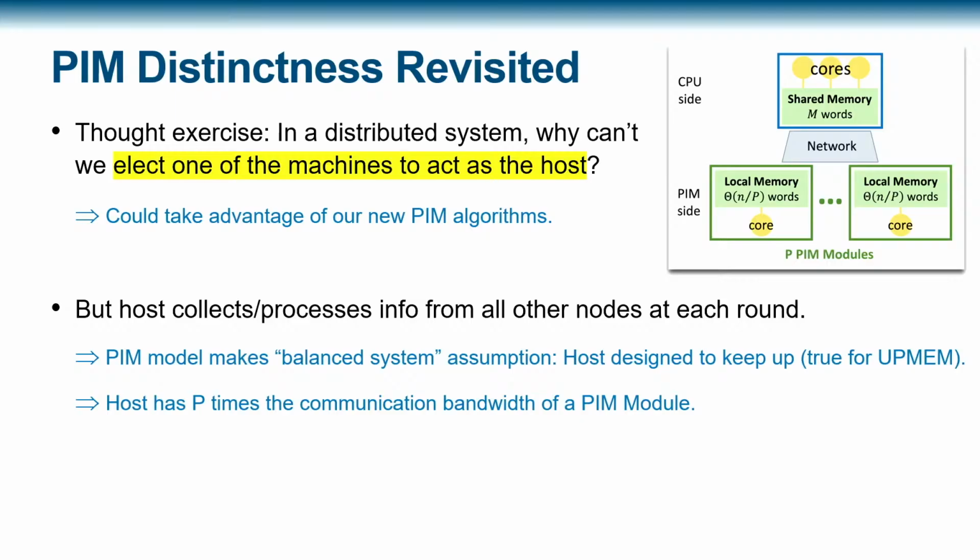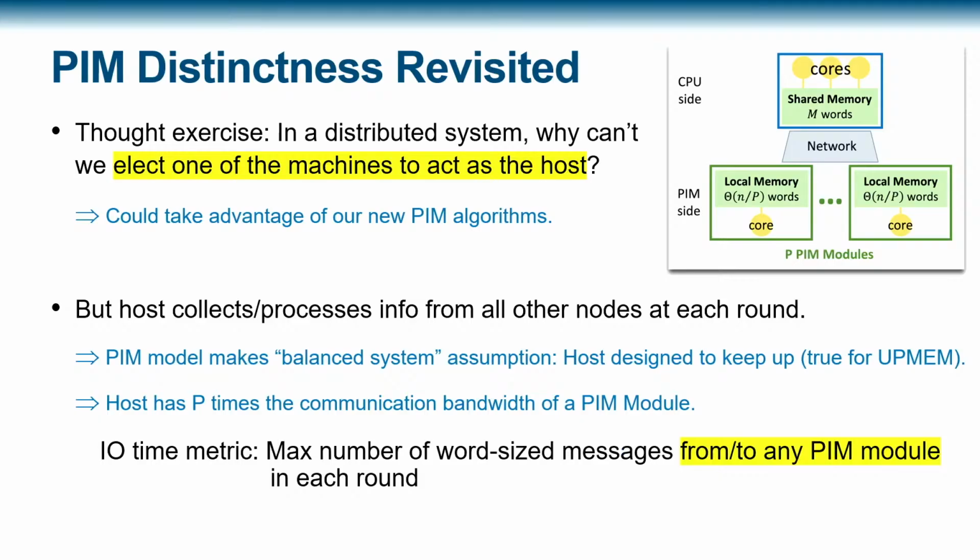There's sort of a balanced system assumption. The host is designed to keep up in terms of memory traffic. If you couldn't send out enough traffic or receive enough traffic from the host to match what could be received or sent by the other end, then you have an imbalanced system, which would be inefficient. You wouldn't want to pay money to build a system that way.